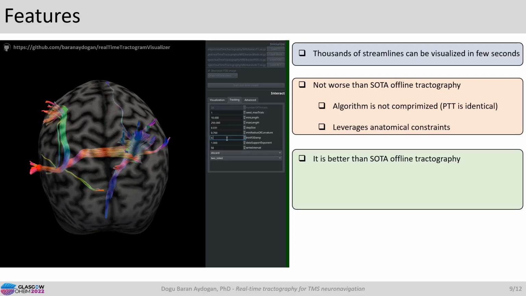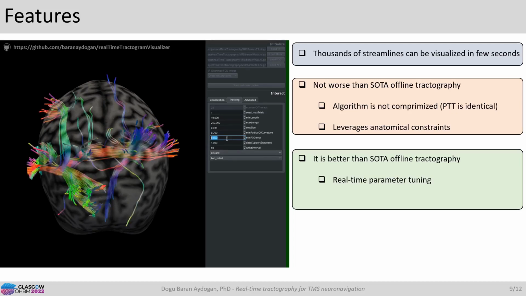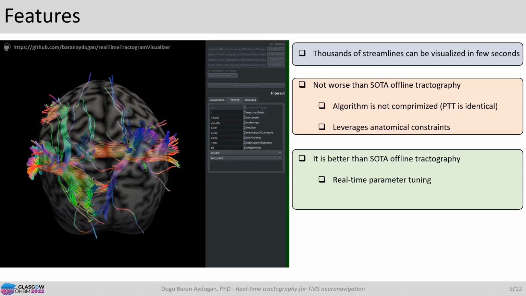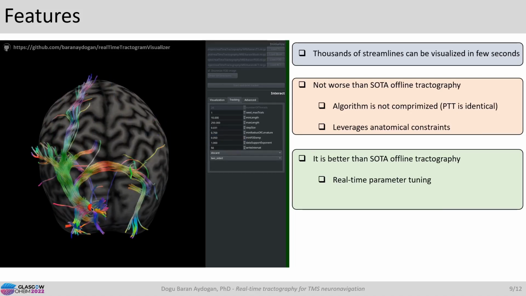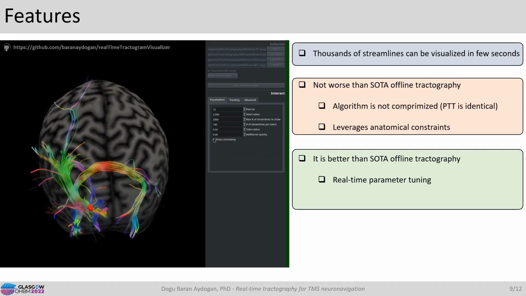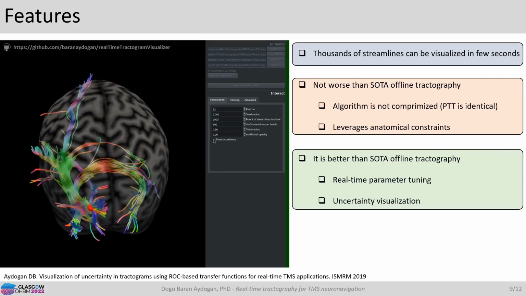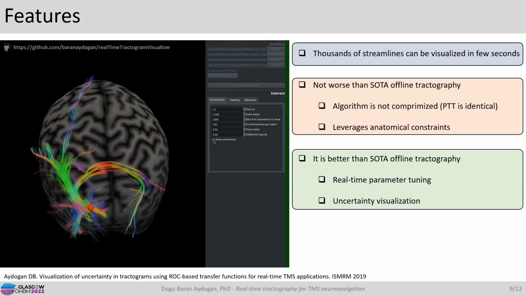Firstly, it allows us to tune the tractography parameters, which is highly useful in many applications. Secondly, we have a dynamic output, which opens up new opportunities for tractogram visualization. For example, in this case, we show a concept called uncertainty visualization, where more transparency is used to show those streamlines that are less likely to be present in the brain.